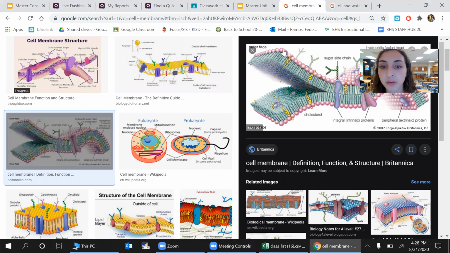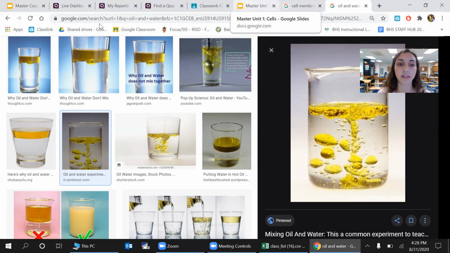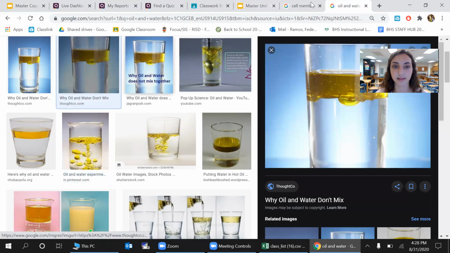So here's our glycerol, and then these long chains of carbon are fatty acids. And this entire thing is our cell membrane. You can also see lipids are not soluble in water. They do not dissolve, they don't mix, and they end up looking like this.